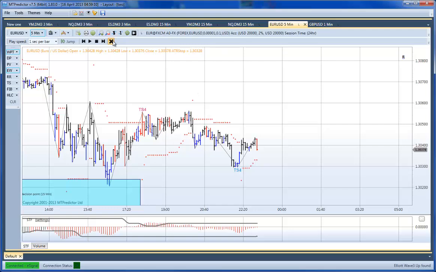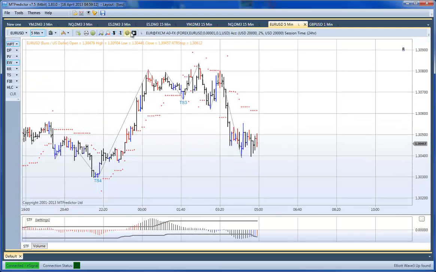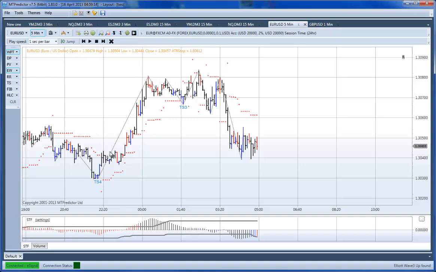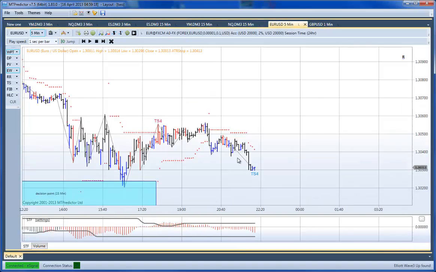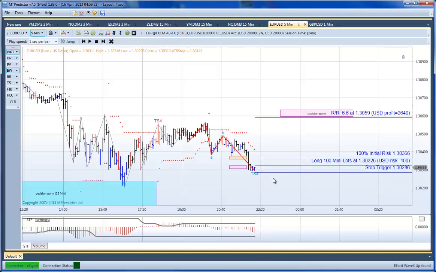In fact, let's take it back even further, right to the time of this setup. There's our setup. So our analysis now comes in here, as we've seen already. But we want to project the typical wave 3 WPT up. So for this we use our WPT or our wave price targets.